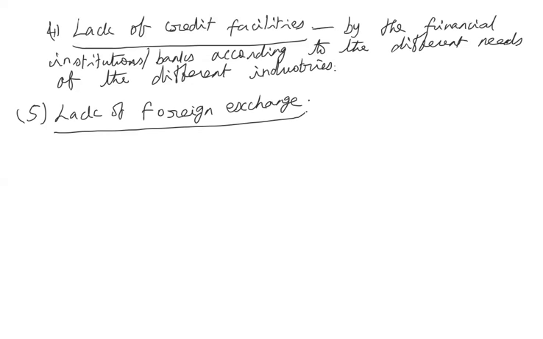Whatever national income and capital formation the country has is used only to satisfy the needs of the growing population and to repay the debts which India has borrowed from other countries. So we are not able to get sufficient foreign exchange to import foreign technology.